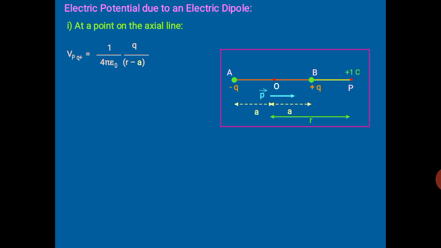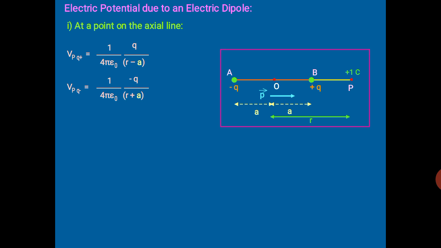And similarly the electric potential at P due to the other charge, minus q, which is placed at A, is 1 upon 4 pi epsilon naught minus q divided by r plus a.